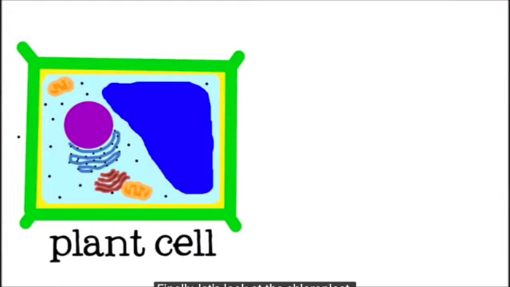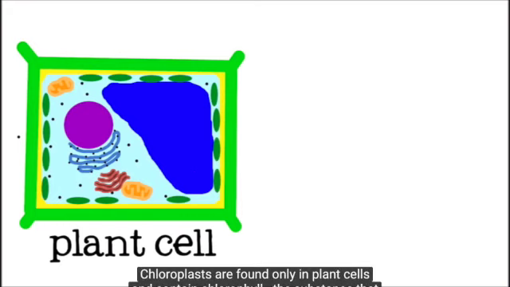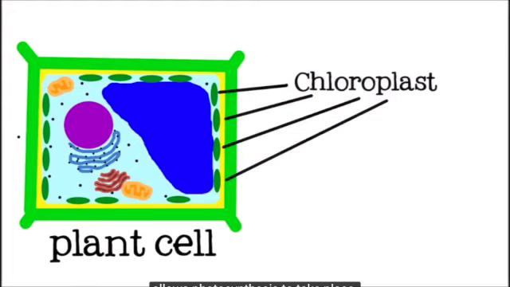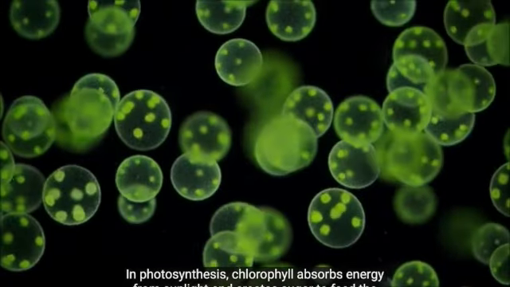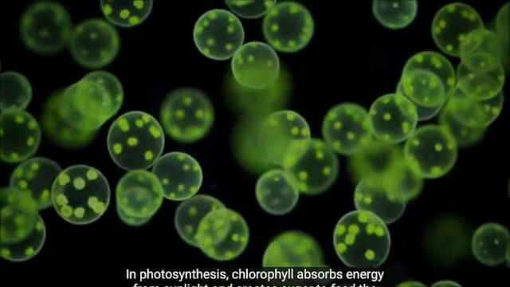Finally, let's look at the chloroplast. Chloroplasts are found only in plant cells and contain chlorophyll, the substance that allows photosynthesis to take place. In photosynthesis, chlorophyll absorbs energy from sunlight and creates sugar to feed the plant.